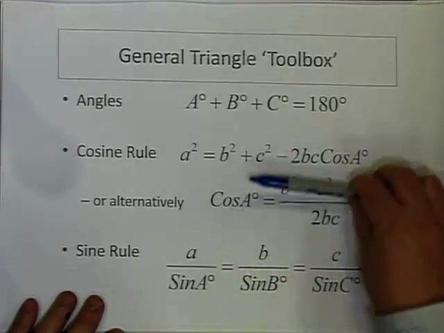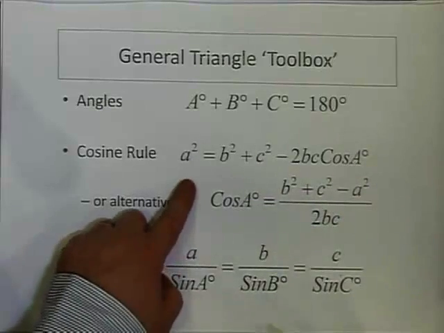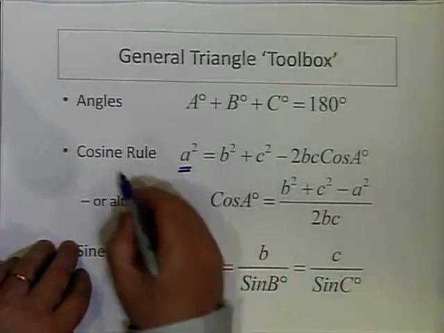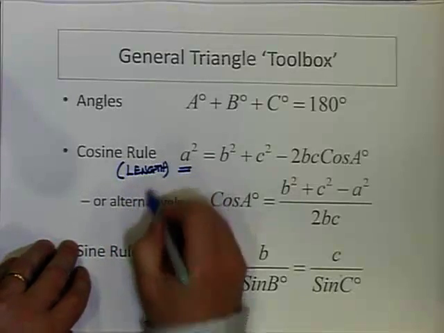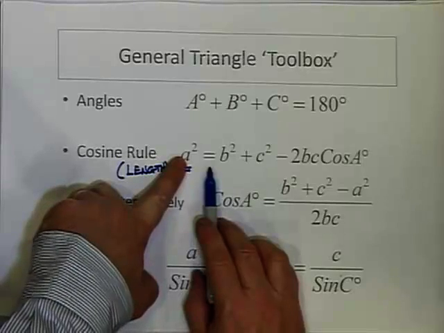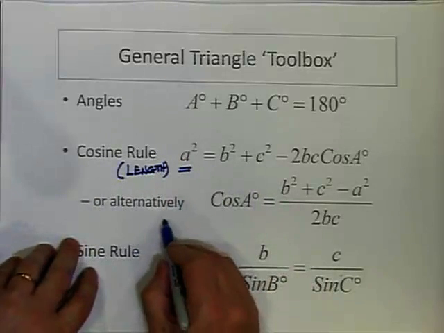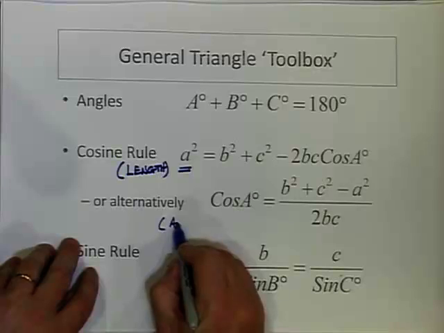There are two versions of the cosine rule. One of them on the left-hand side, I'll call this the cosine rule for length, because what you're interested in is the letter A. Whereas this one, I'll call this the cosine rule for angle.